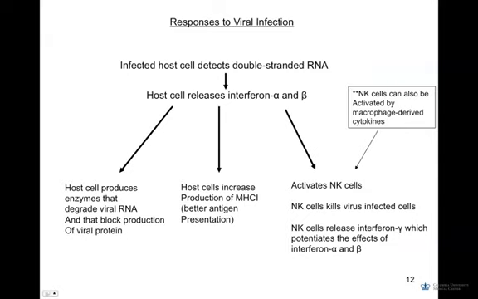So the last topic in this chapter is to talk about the innate immune system's response to viral infection. While all of the things that we talked about are part of responding to a viral infection, there's also a specific group of cytokines and a particular group of cells that are important for responding to viral infections.